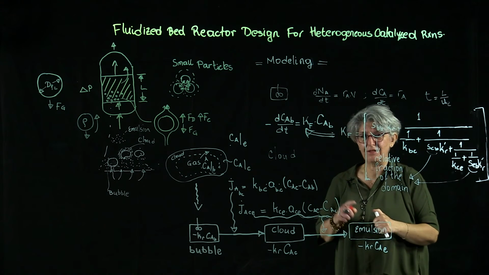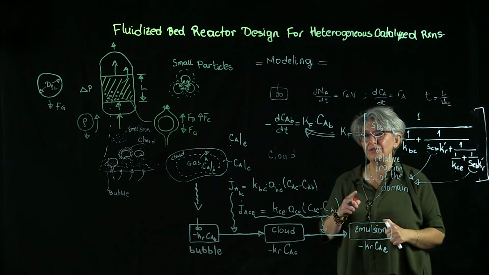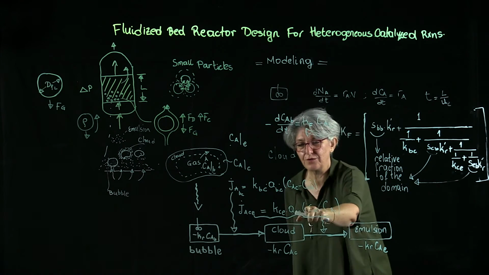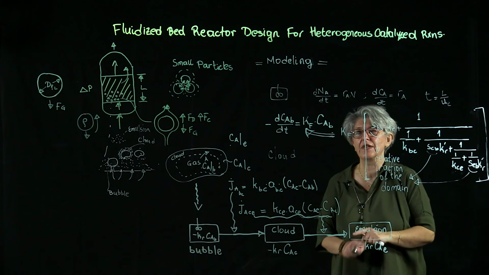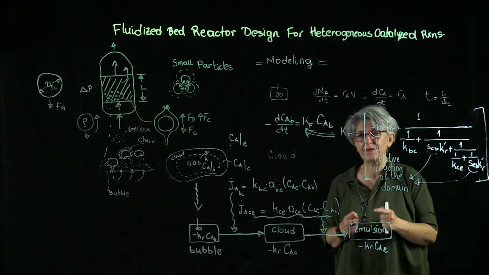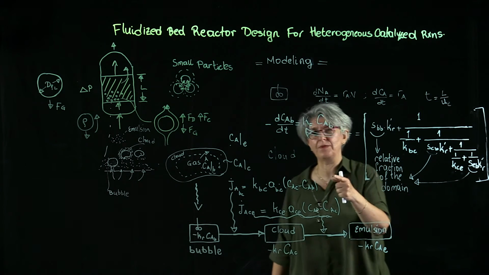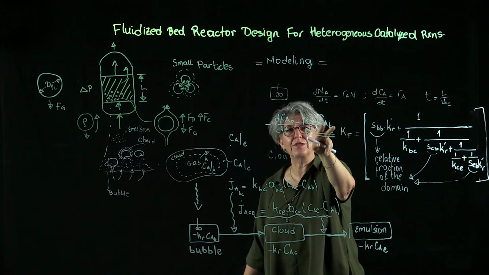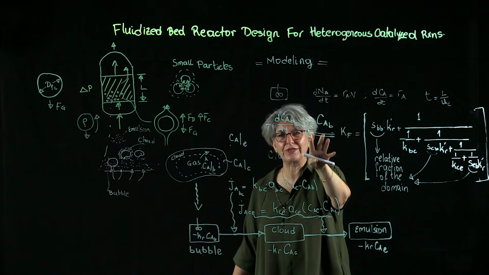And since our reaction is a first order reaction, our transport processes are first order processes, we were able to lump them into a simplified term that is like a pseudo-homogeneous reaction term.